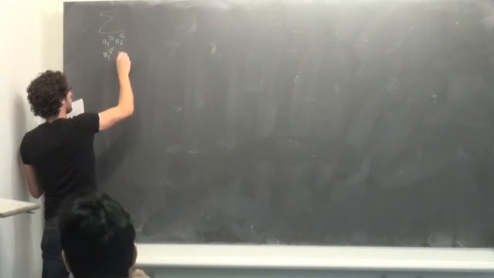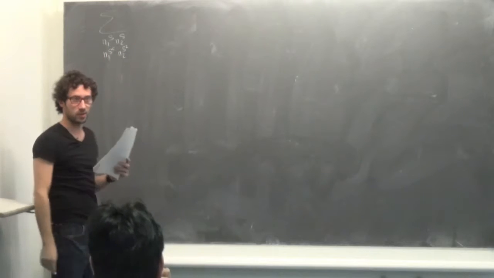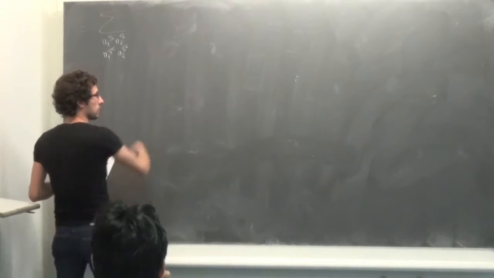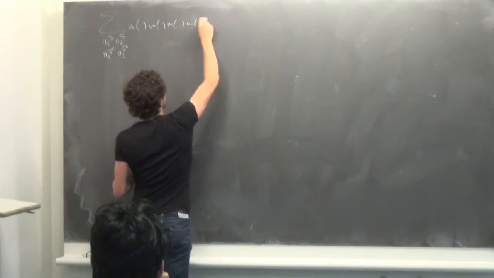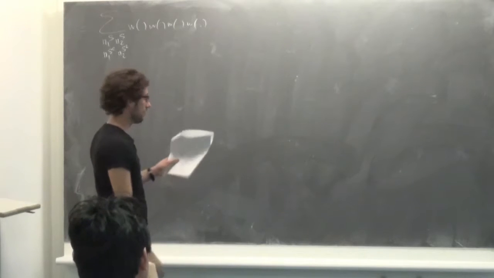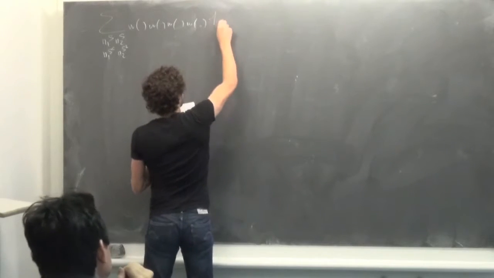So you're going to get the sum over N1S, N2S, N1S complement, and N2S complement with some sources. I let you guess which ones they are. You have the W of the four guys, and you have this indicator of S0 equal S.